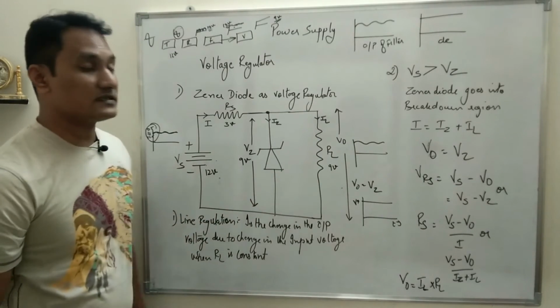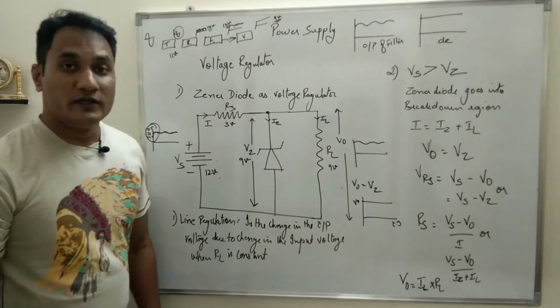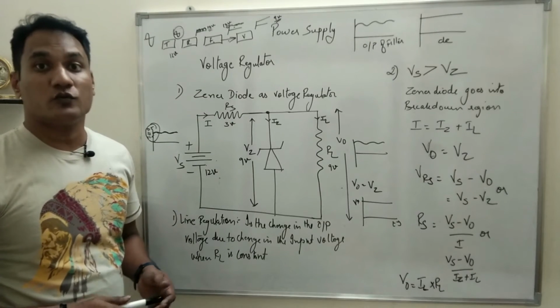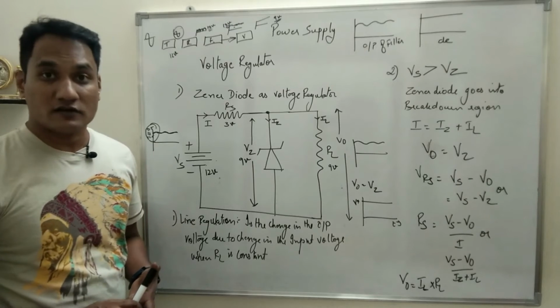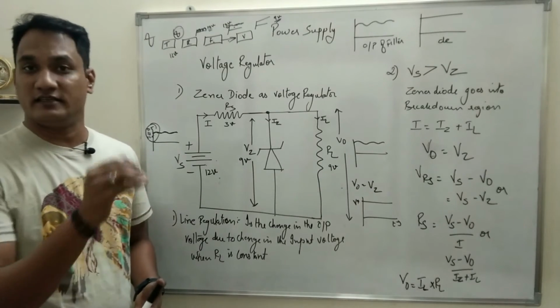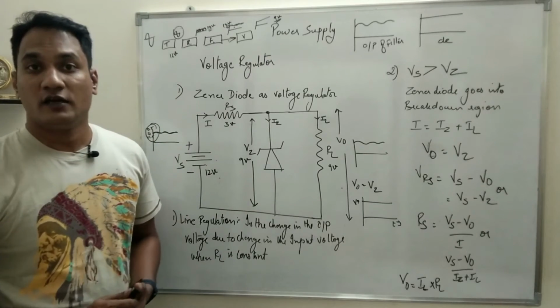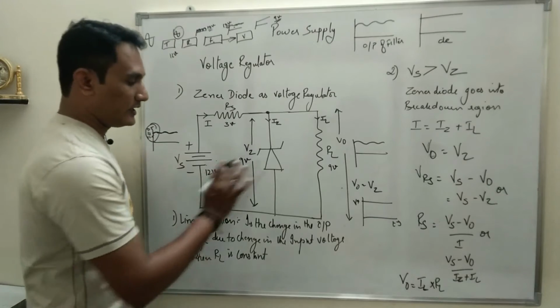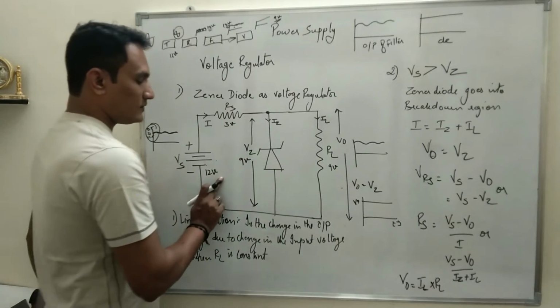But what are we designing? We are designing a voltage regulator. That means the output voltage should remain constant. It should not change with respect to anything, either the input voltage or the load resistance. Let us try to understand how this happens.